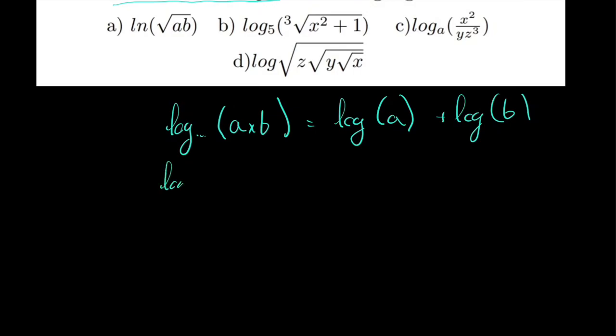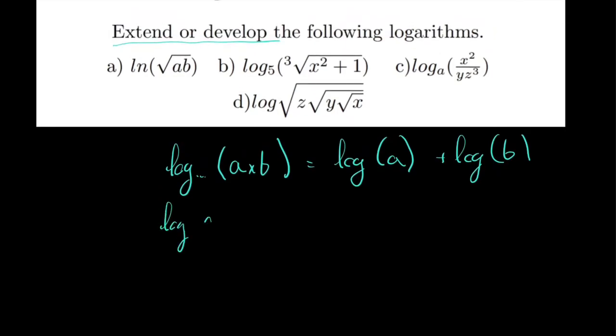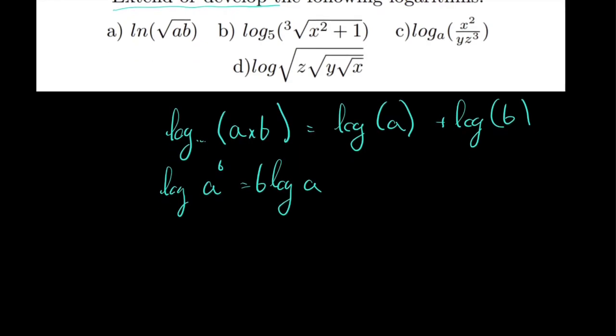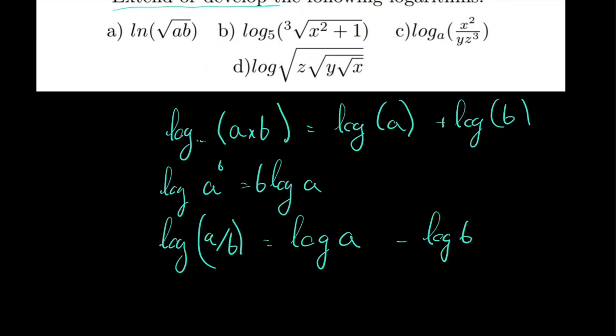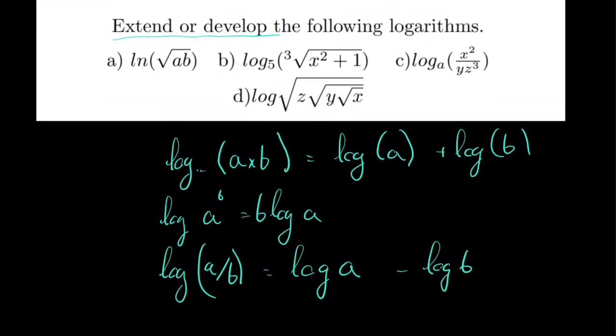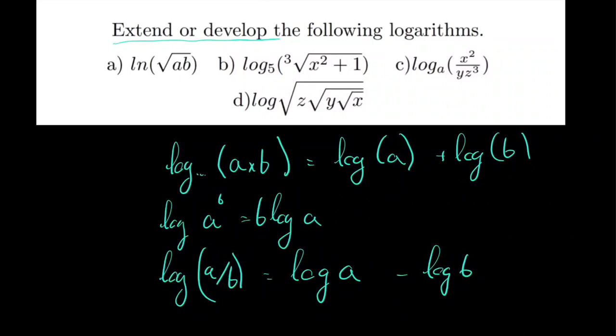Also, we know that logarithm of a to the b power is equal to b times logarithm of a, for all powers. And we know that logarithm of a divided by b is equal to logarithm of a minus, this time, logarithm of b. And with this, we will be able to solve this whole exercise.